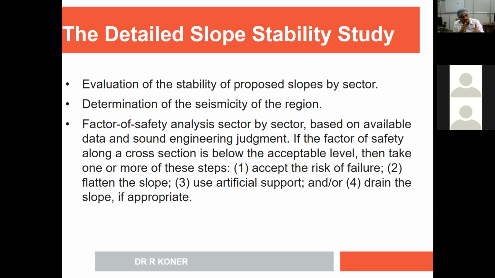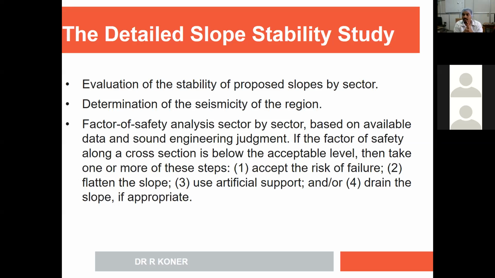Of course, I may allow that the factor of safety is 1.1, and let me continue with this factor of safety. But in addition to that, you have to assess what the consequences will be if a failure occurs. If the consequences are very high, then definitely your risk is also very high.